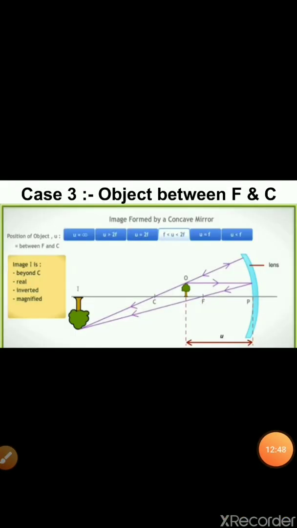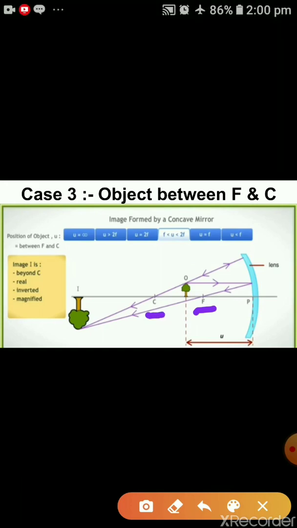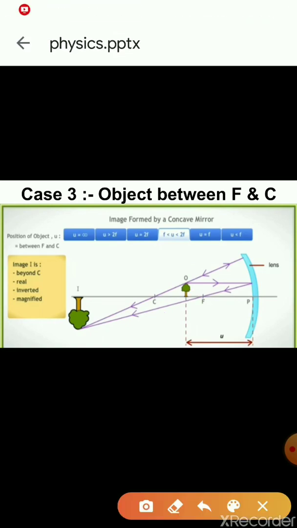Now we have our third case. In the third case, the object is placed in between focus point F and center of curvature C. So we are keeping the object in between these two points. Now I will show you how the image is forming here.